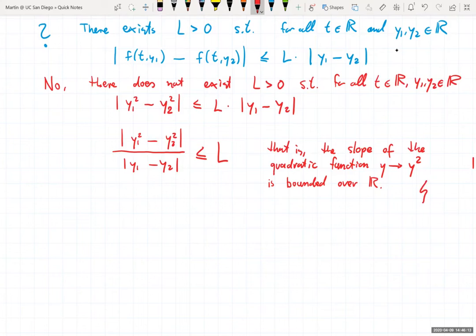But that is not the case. So this constant L does not exist.